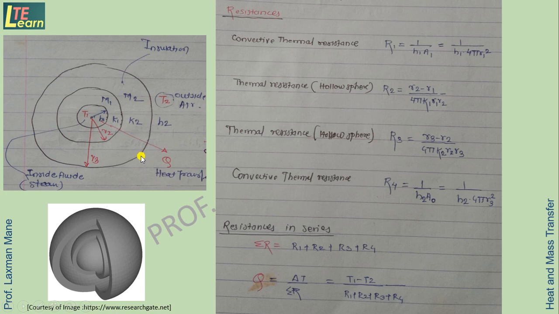Here we have the outside surface area and the outside heat transfer coefficient, so 1 upon H2 A2, where the outside surface area of the sphere is 4 pi outside radius r3 square. Now all these resistances are in series, so we take the summation. Then Q is equal to delta T divided by sigma R, so T1 minus T2 divided by the summation of all these resistances.